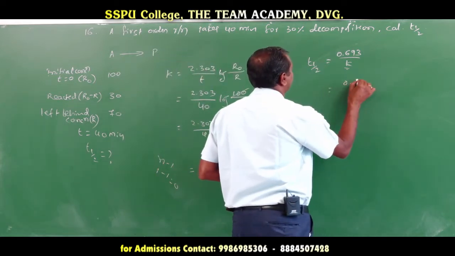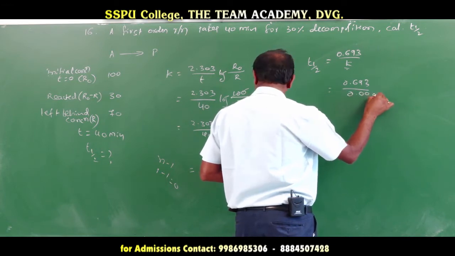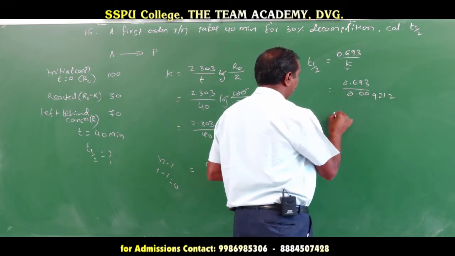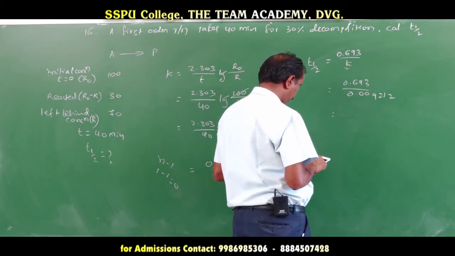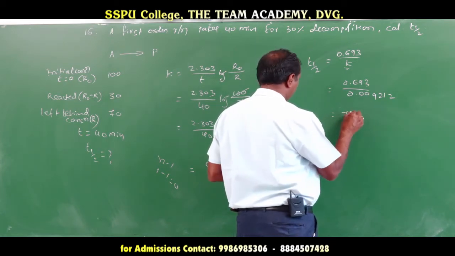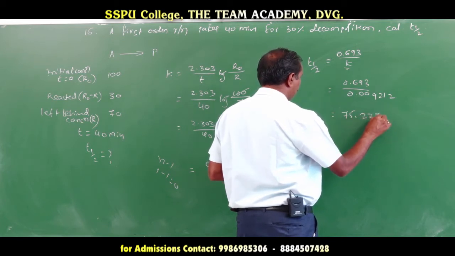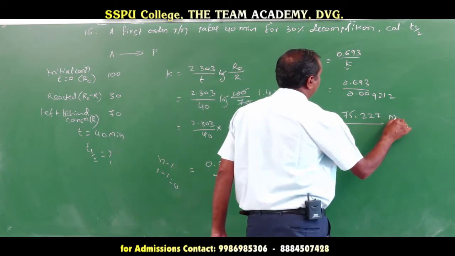So 0.693 by 0.009212. That is in terms of minutes.